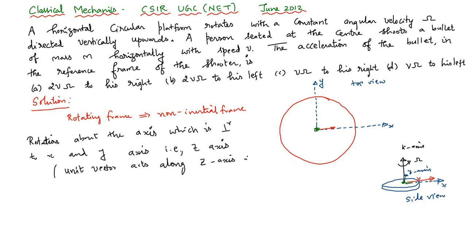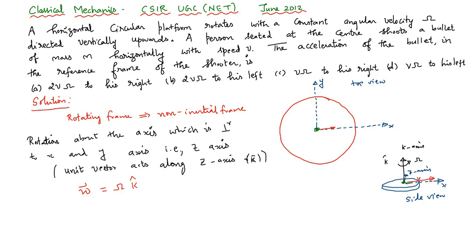We call it k hat. So this is the k hat direction. Therefore, the angular velocity can be written as omega k hat.